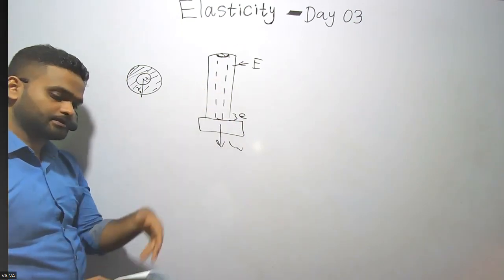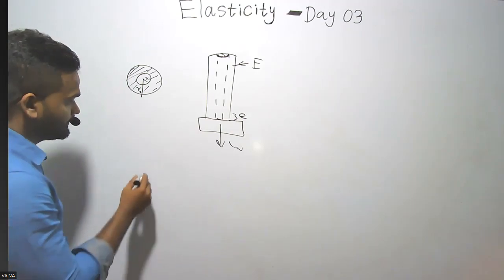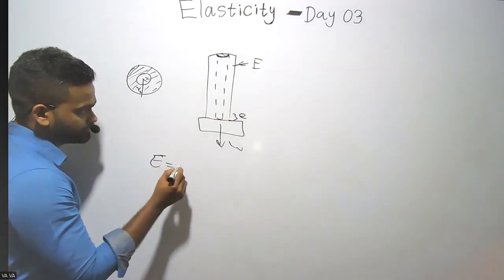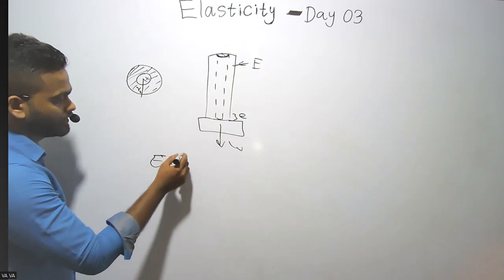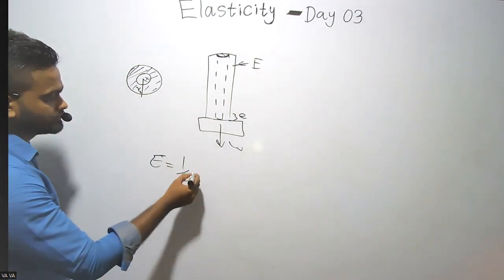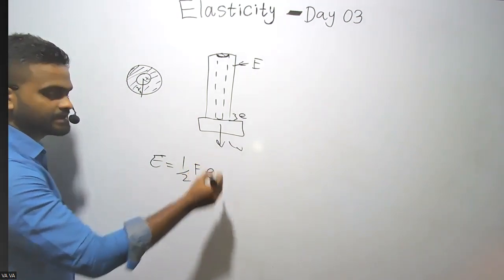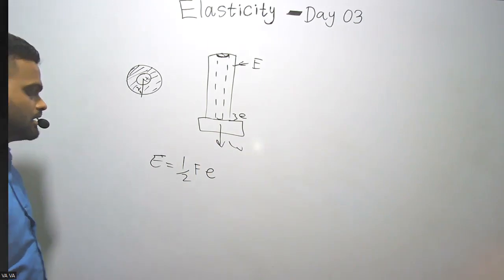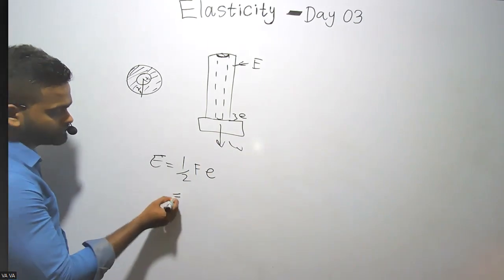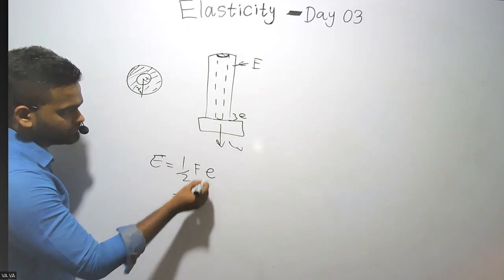So what is the equation? Half force times extension. We know the force, that is W.